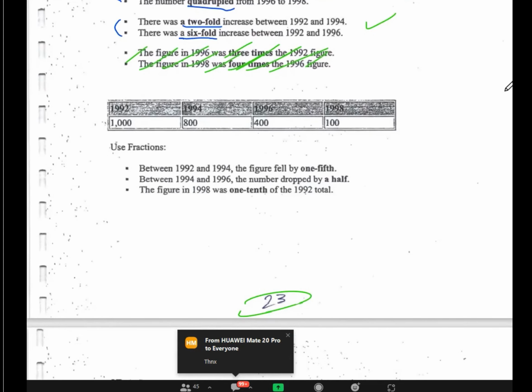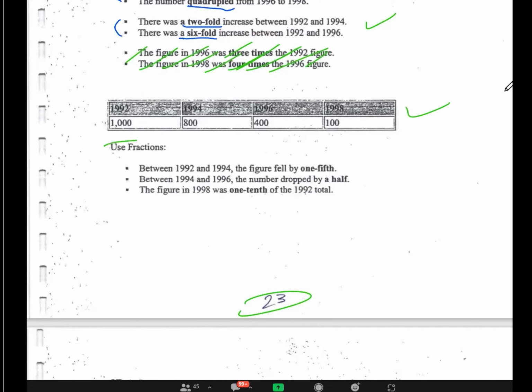And the last one here shows you how to use the fractions. The figure fell by 1/5, 1 by 5, by 1/4, 1 by 4. The number dropped by a half, by 50%.